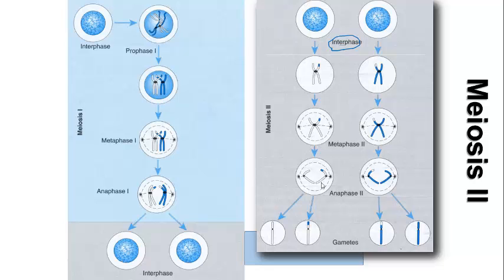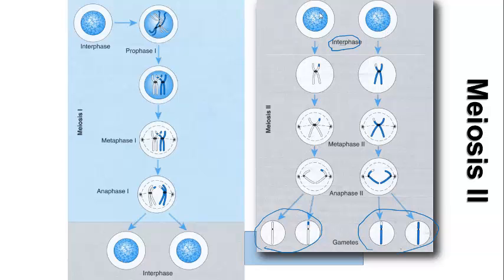When telophase 2 of meiosis II is complete in the male, 4 gametes are going to be the result. 2 from each secondary spermatocyte.